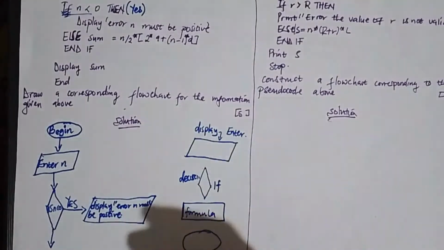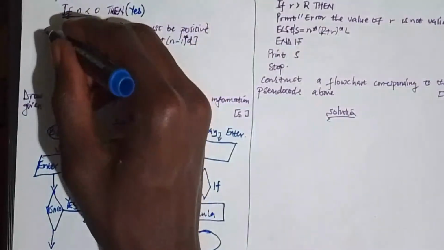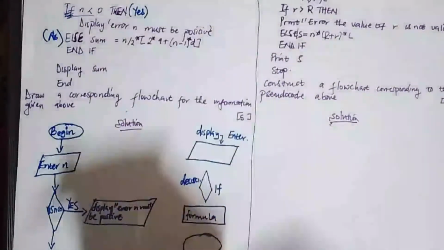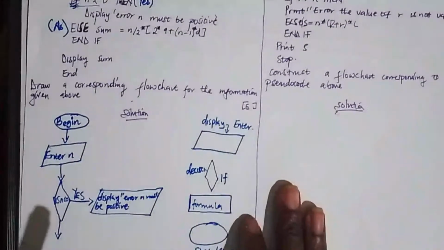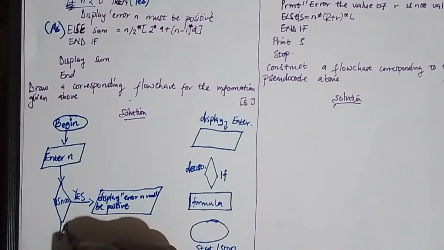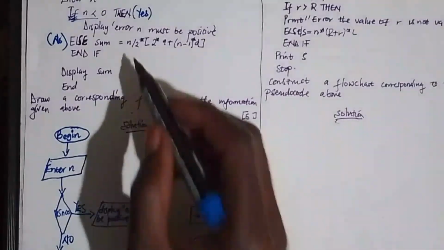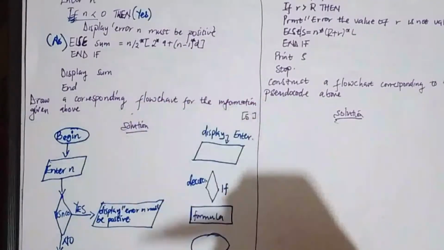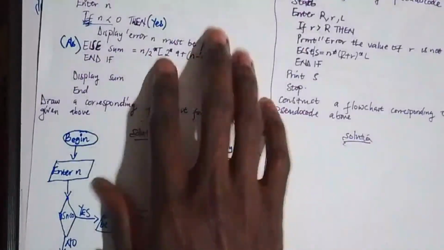Now, how should we know that they are saying no? Whenever you see else, it means no. So here you say no. After saying no, you look at the next sentence after else.